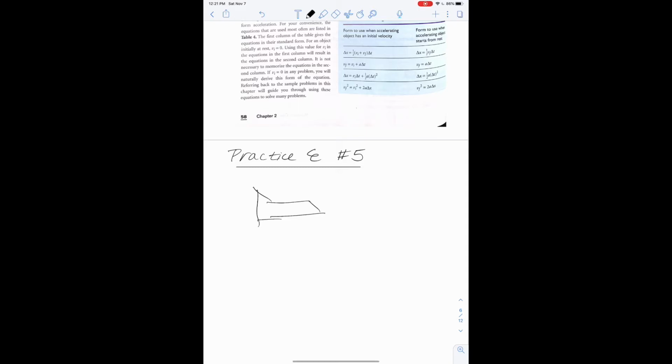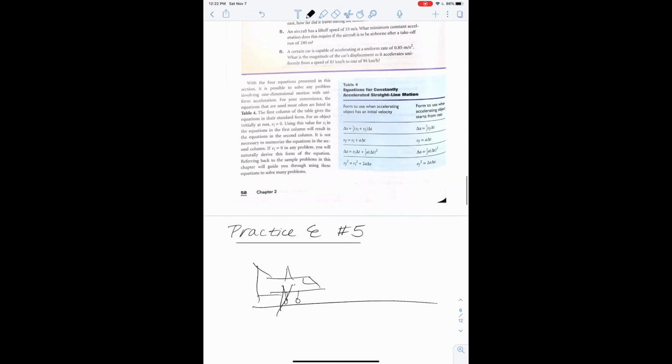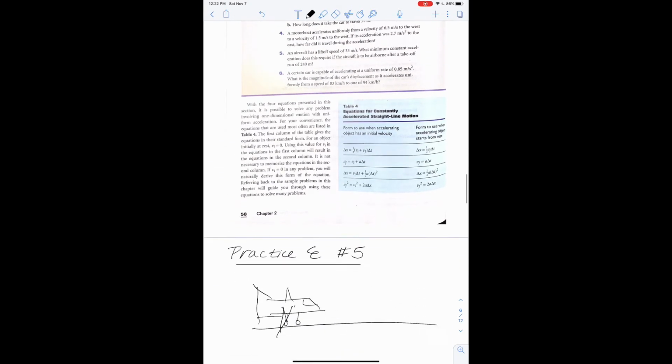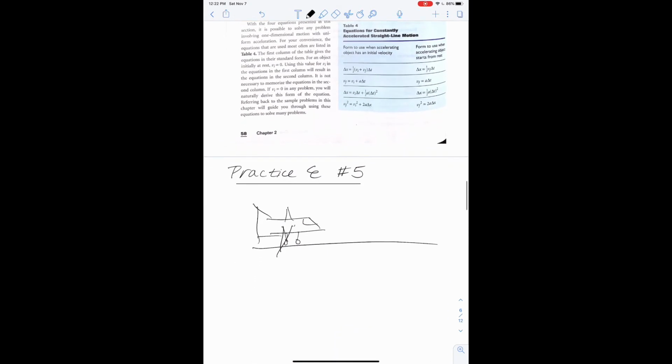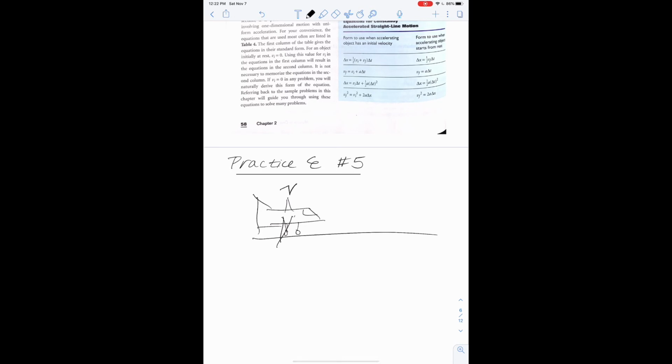It'll look like a space shuttle. All right, so the plane, which doesn't have any wings, is going to take off at that speed, is what I'm trying to say. So liftoff speed is 33 meters per second. So initially, the plane's going to be going 0, right?